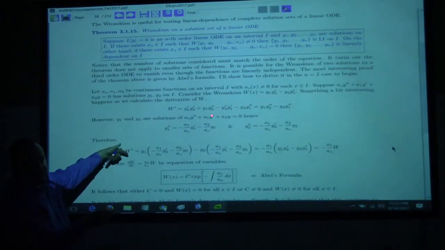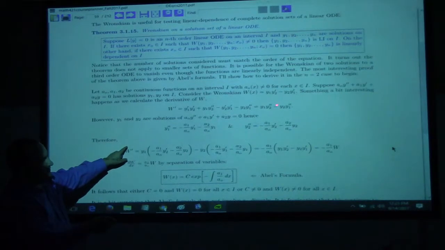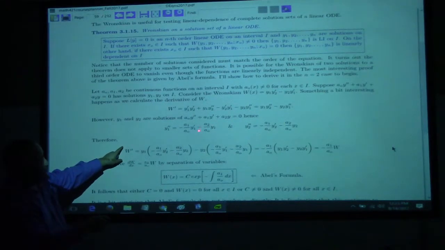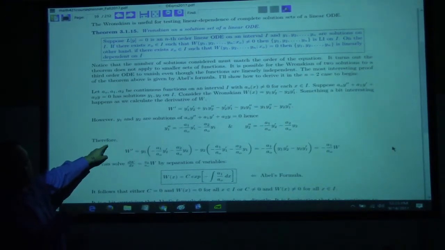But this is multiplication of real valued functions that commutes. So you're just left with these two second derivative terms. But second derivative terms can be converted to first and zeroth order terms by the differential equation because we're assuming y1 and y2 solve the differential equation. So that means that y1 prime prime is this, y2 prime prime is that, because again, we're assuming that you can plug them into the differential equation and it works.